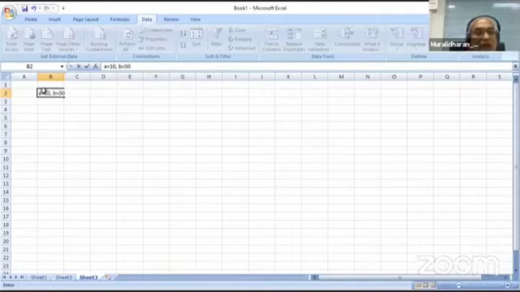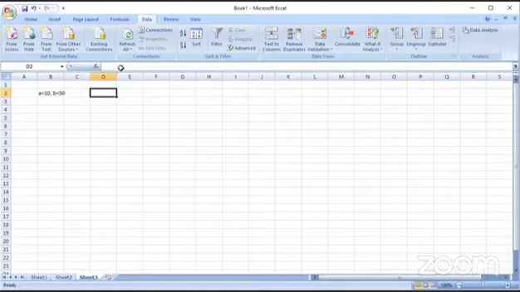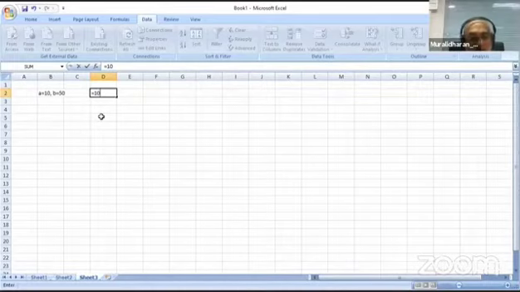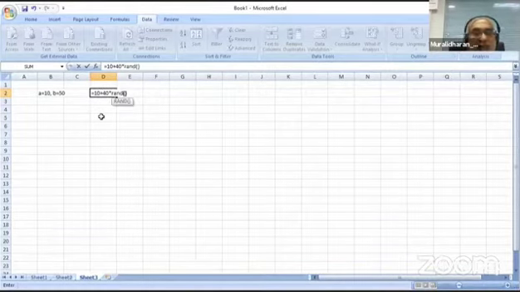So I will now have to generate samples from uniform 10, 50. This is nothing but 10 plus 40 times RAND. This will give me a uniform random sample from 10 to 50.